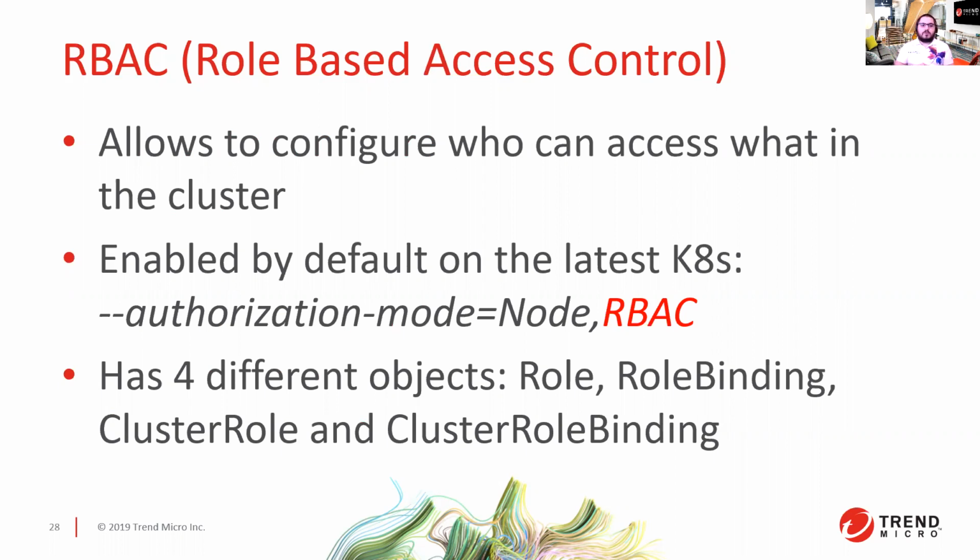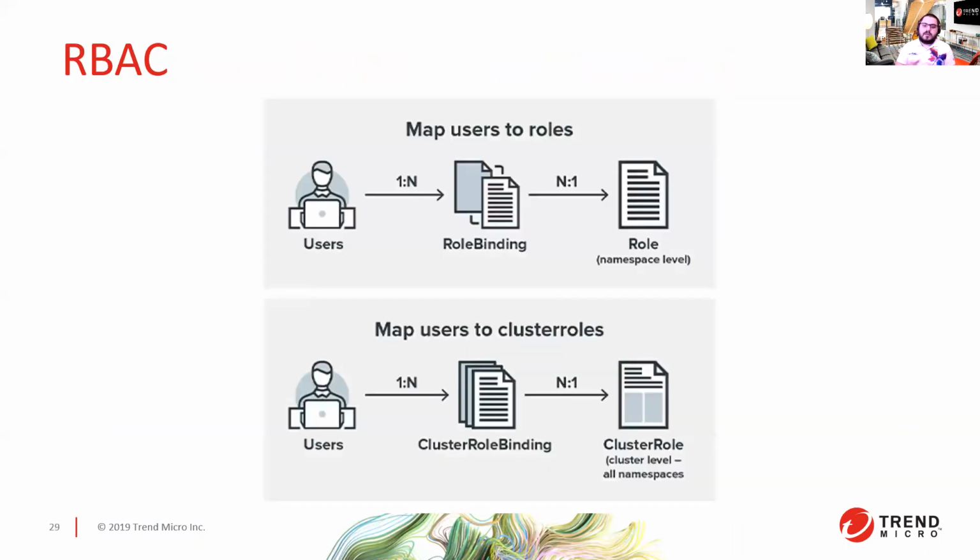And basically what RBAC does, it has four different objects: role, role binding, cluster role, and cluster role binding. Those objects basically contain rules that represent a set of permissions within a namespace. So a role is restricted to the namespace level.